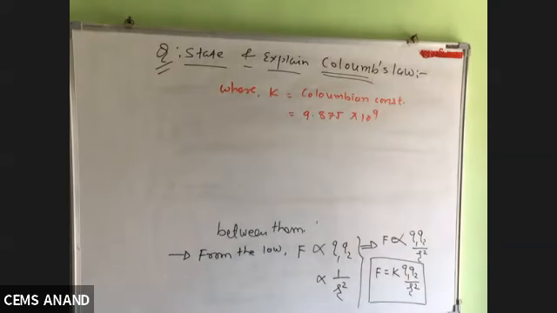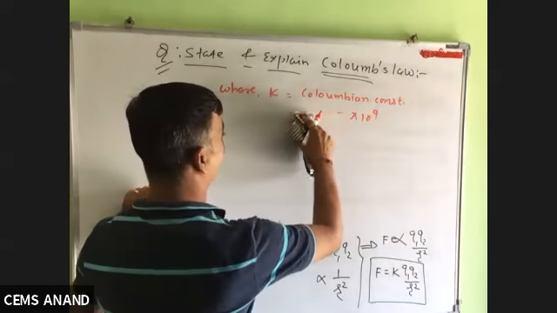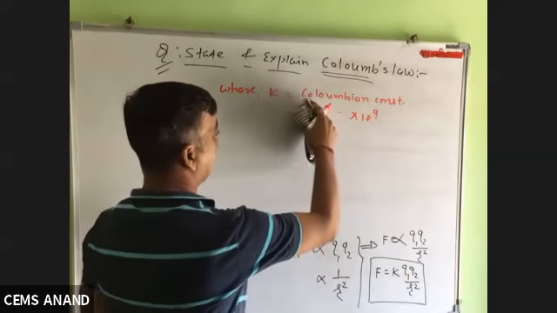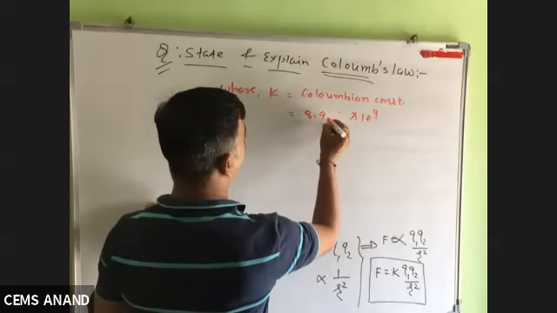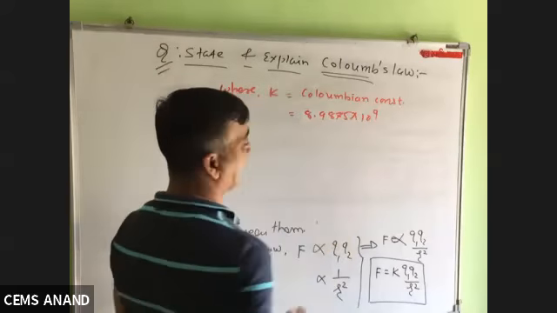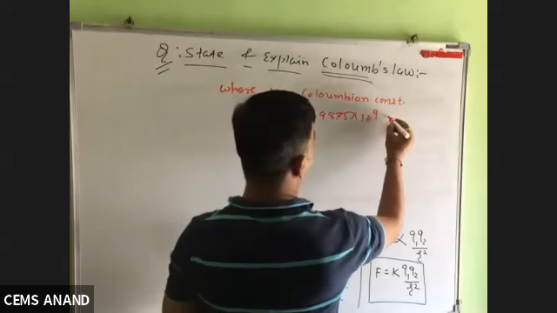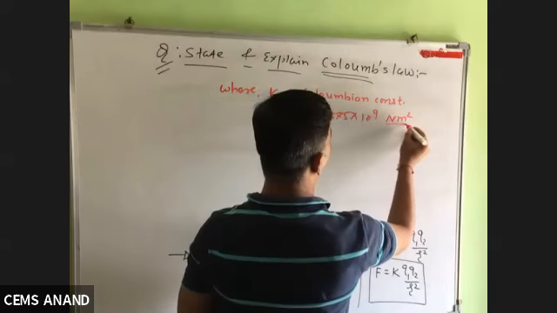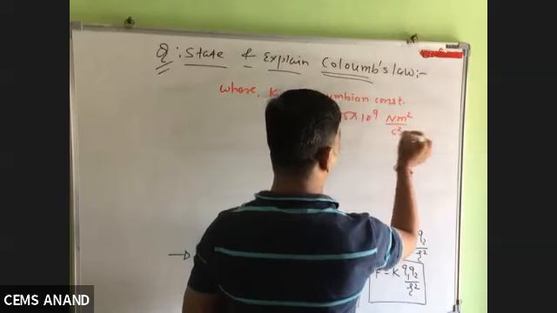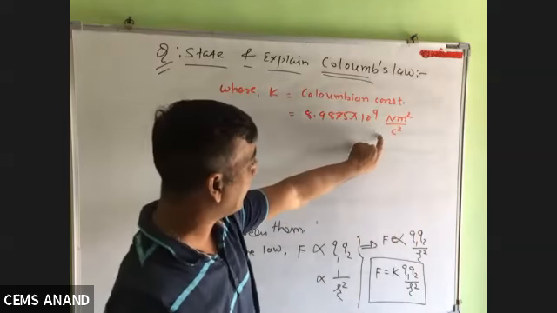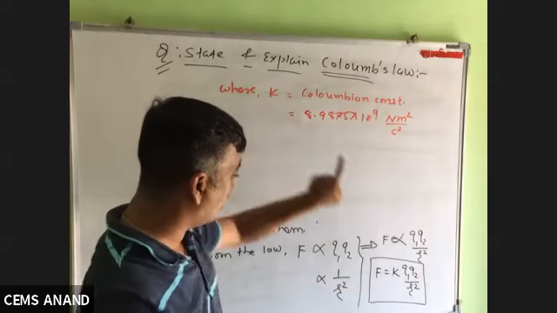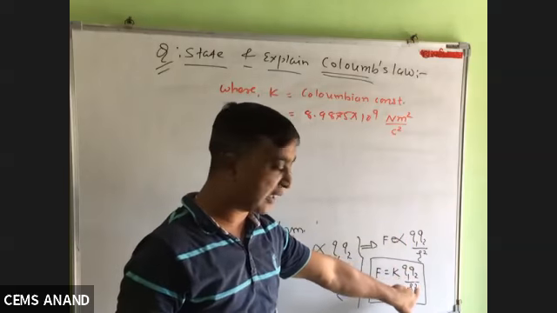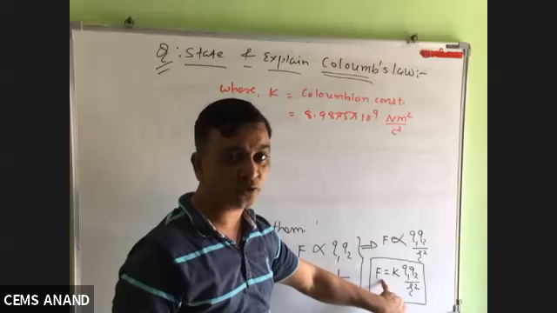Let me write the actual value first, then we will use the commercial value. The actual value is 8.9875 into 10 raised to 9. Newton meter square per coulomb square is its SI unit. How is it obtained? The unit of it depends on the unit of charge, radius and force.